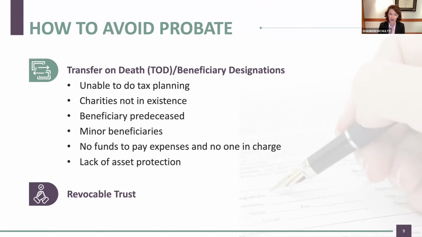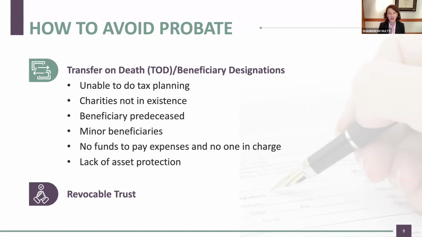You can't do much in terms of disclaimers. You can't plan for the New York estate tax cliff. Sometimes people name charities that are no longer in existence, and then it ends up back in the person's estate. If a beneficiary predeceased, there's not as much ability to do contingency planning. If there are minor beneficiaries, generally that's going to end up back in the court.